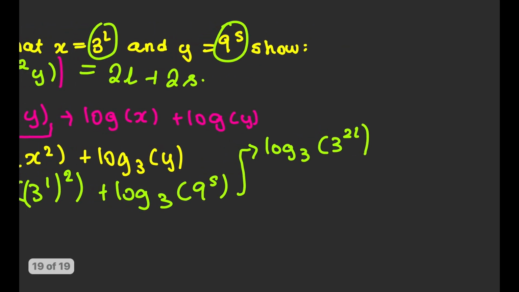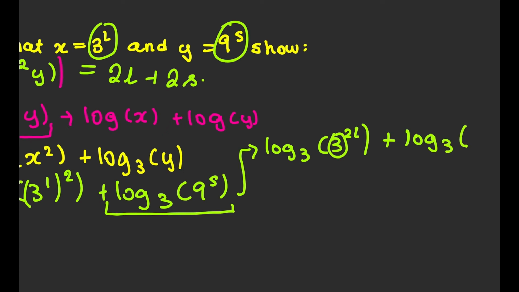So we have log base 3 of 3 power 2L plus, we're working on this expression, log base 3. So let's keep the same big number value. So let's keep 3 on both of the log expressions. So log base 3 of 3 power 2L plus log base 3. So now we have 9 here. So 3 power something is equal to 9.